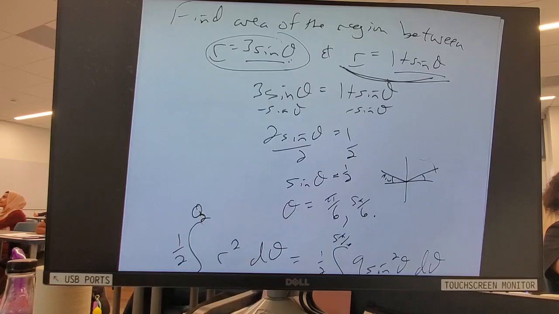If you know where they meet, whatever the relationship is at one point between, that's got to stay that way the whole way through. So at pi over 2, this will be 3, and this will be 2. So this guy is on top, so it'll be this guy minus this guy. Everything we just did is great. Good job, Jeff. And then you do everything we just did again for this guy and subtract the 2, and then you look at the area between the 2.